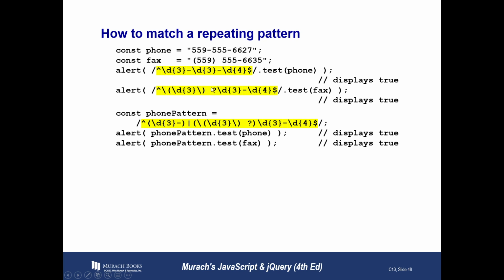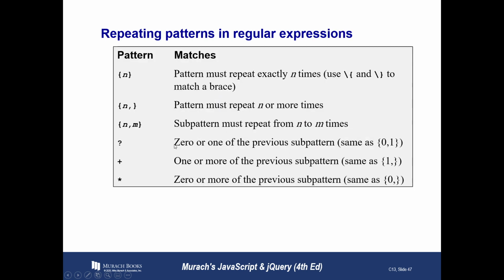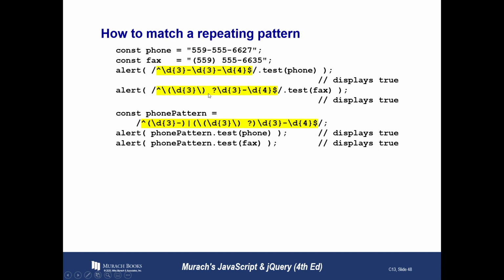The space with this question mark means 0 or 1. So we can have a space or we could not have a space. So this space can be omitted and we will still get true. Okay, and then a digit 3 times, and then dash, and then a digit 4 times at the end of the string, which gives us true.